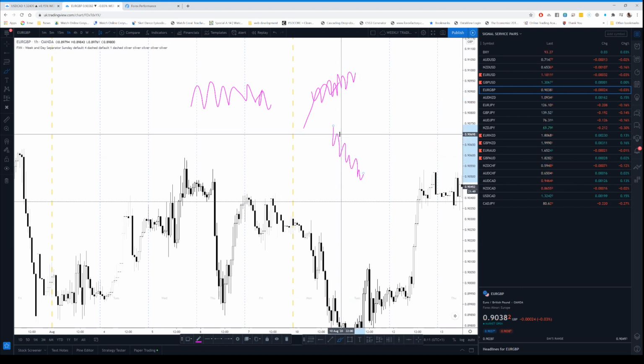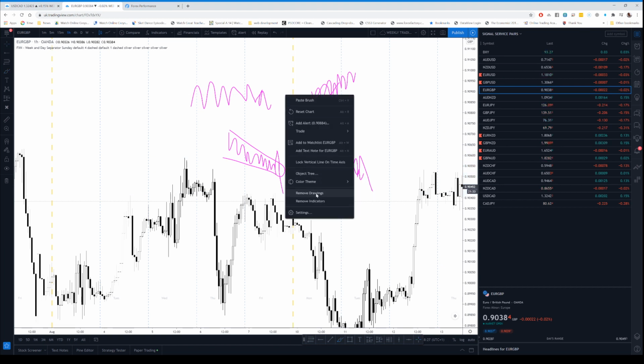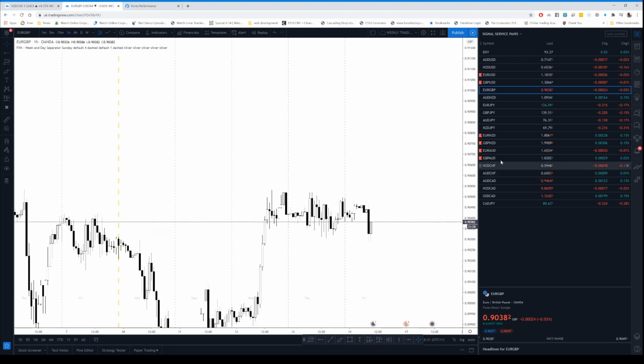It doesn't move down, up, down, but it moves in a tight little move to the downside. That is also consolidation. And then all of a sudden you see a spike up and then a rejection, right?